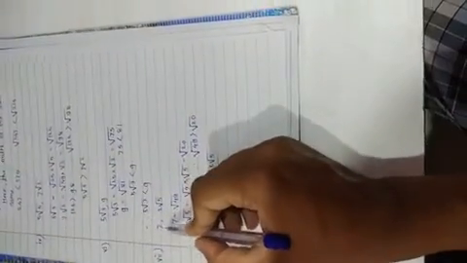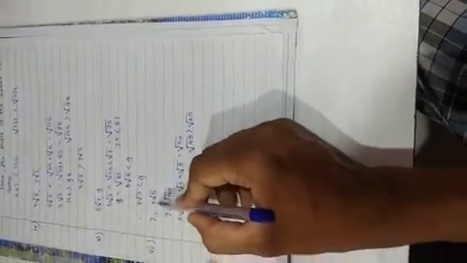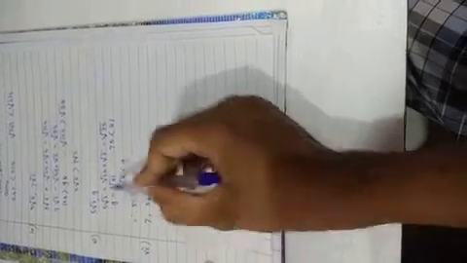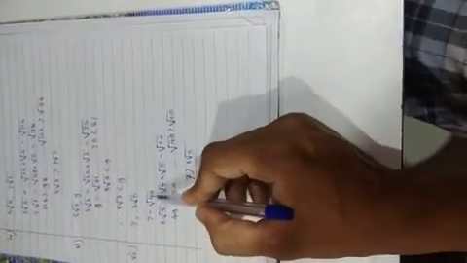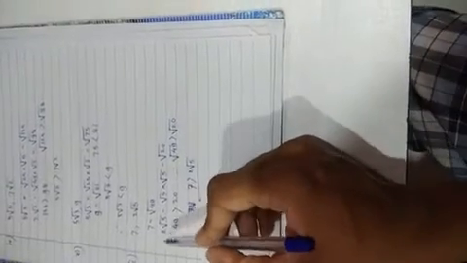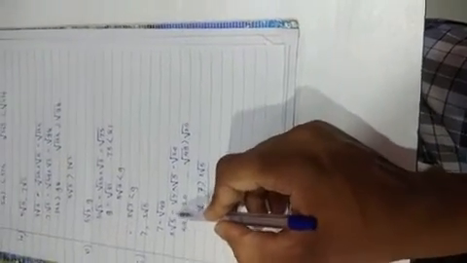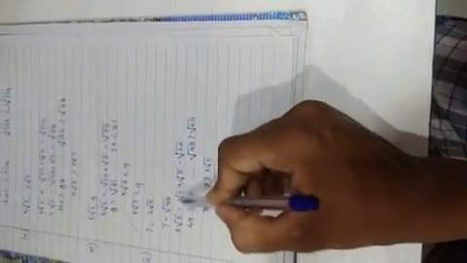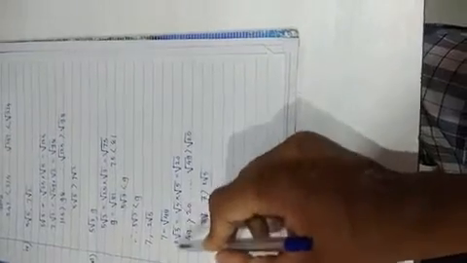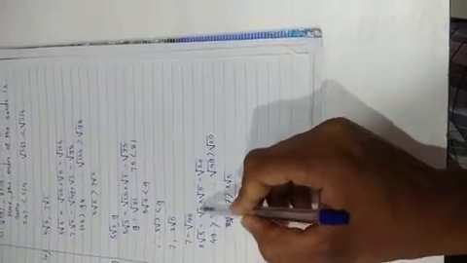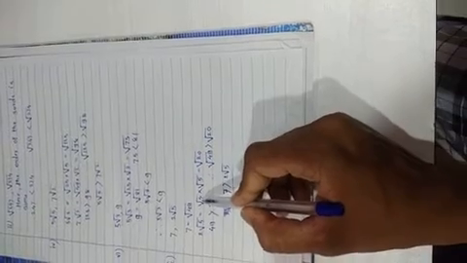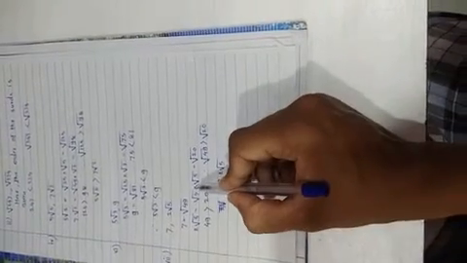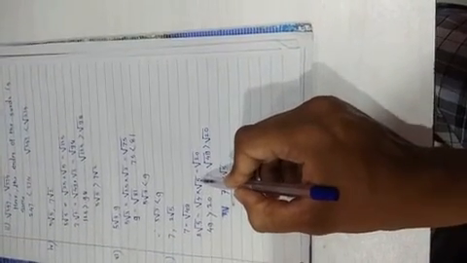Next example, 7 and 2 root 5. Same example as that. So 7 we convert into root of 49, and the 2 into root of 4, because the square root of 4 is 2, a perfect square, into root 5.